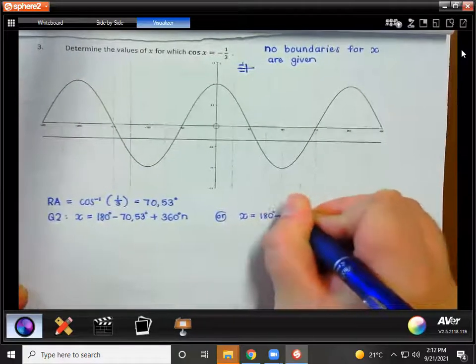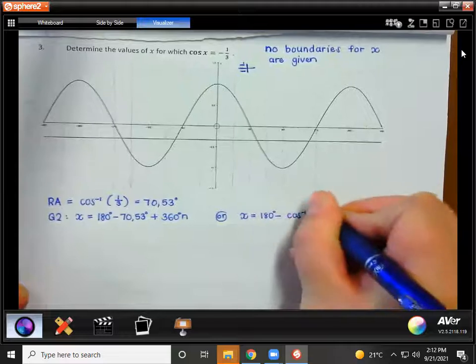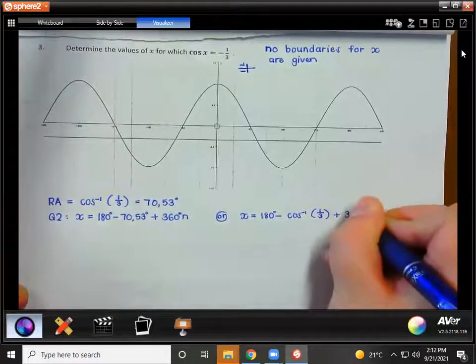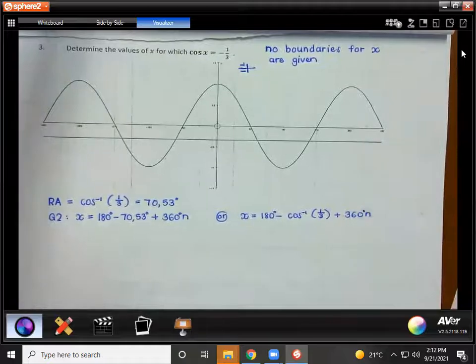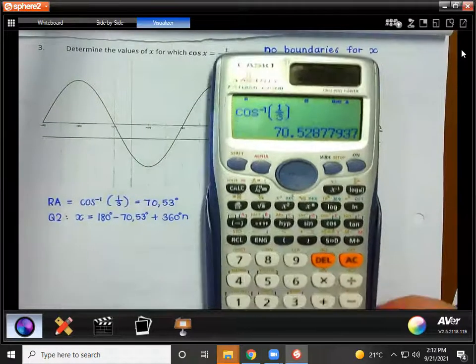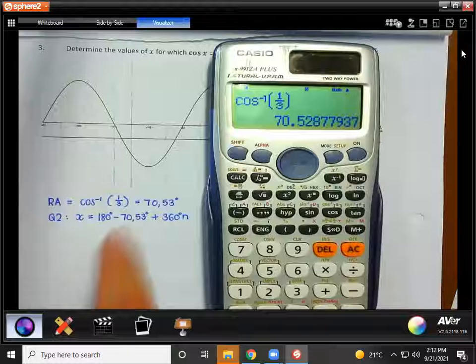180 minus, like that. Okay, that's fine. You can do it like that. Okay, since I did calculate it, I'm just going to store it quickly, guys. Do we remember how to store things on the calculator?